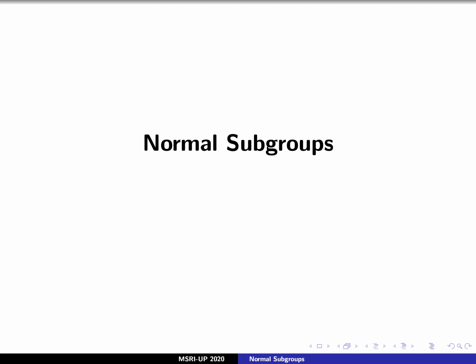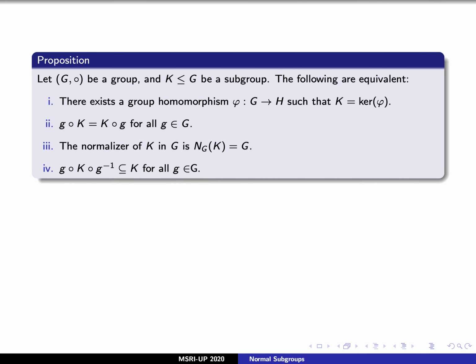We're now in a position to finally define normal subgroups. Let's write down a general result. Let G be a group. Now we're changing our notation: instead of star as the binary operation, let's consider circle as the binary operation. And let K be a subgroup of G. Then the following four statements are equivalent. First, there exists a group homomorphism phi such that K is the kernel of phi.